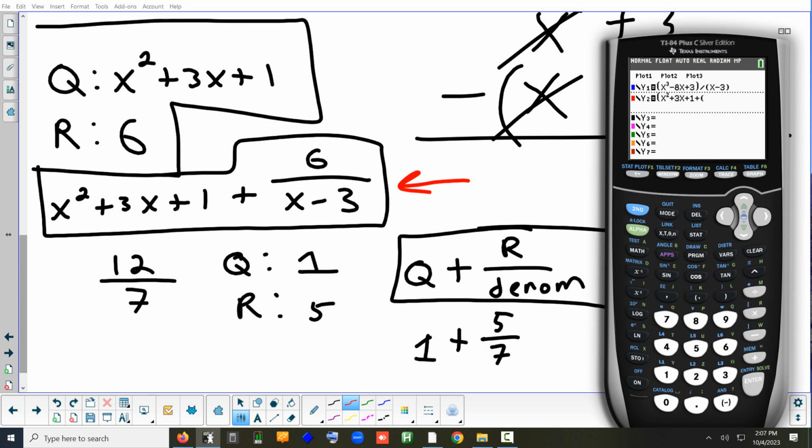So the way I would do that is I would do 6 divided by x minus 3. I just want to make sure that it does that first. I don't think I really need this parenthesis at the beginning. I thought I was going to. Let's get rid of that. That should work. So let's hit graph and see what happens.